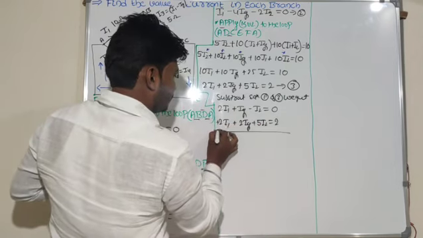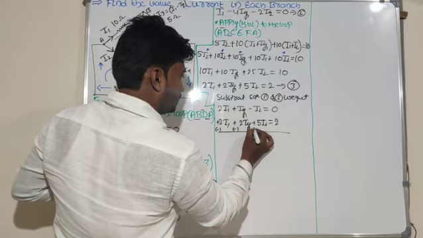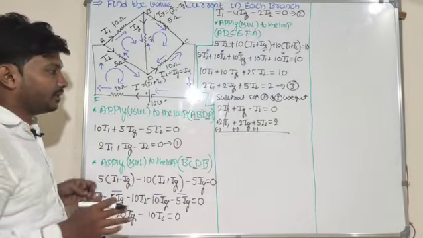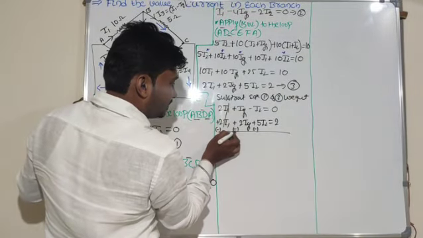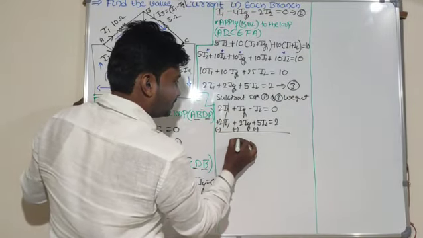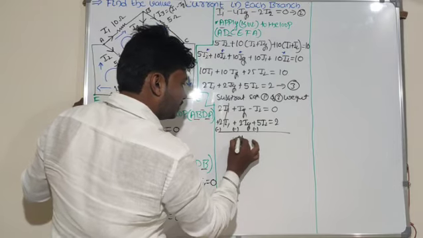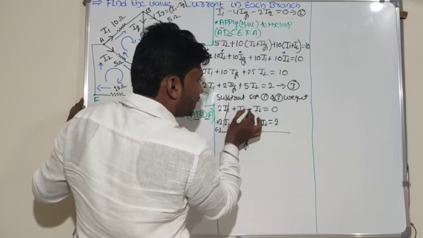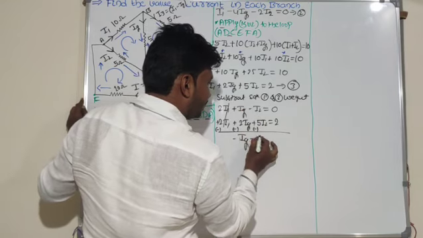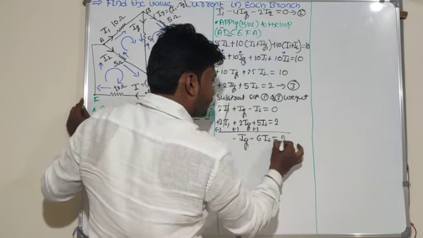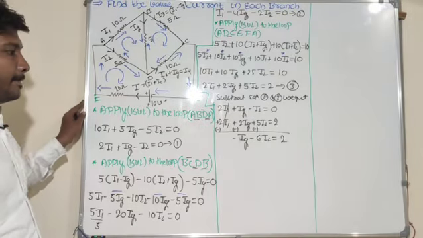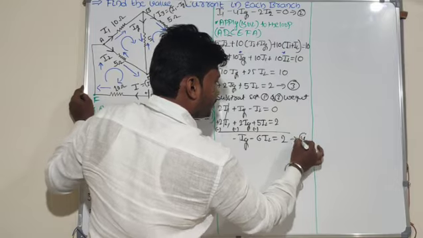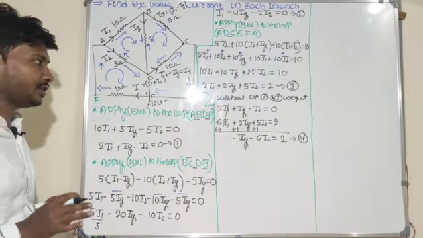So this is minus and this is minus. 2I1 minus 2I1 will get cancelled out, plus Ig minus 2Ig, so minus Ig here. Now minus I2 minus 5I2, minus 6I2, it is equal to minus 2 here. Now let me take this as equation 4.